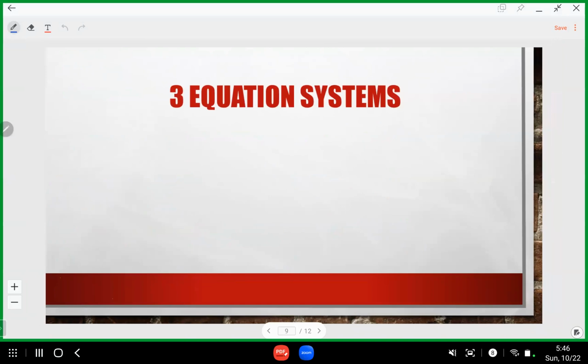Okay, so now let's go on to 3 equation systems, and let's look at some of the things you can have here. When you have systems of 3 equations, you have planes intersecting.